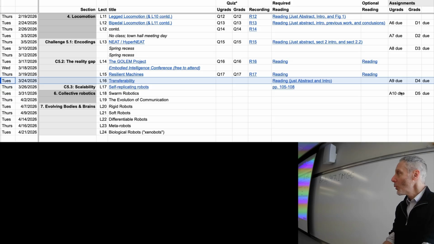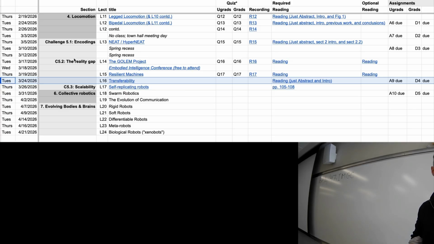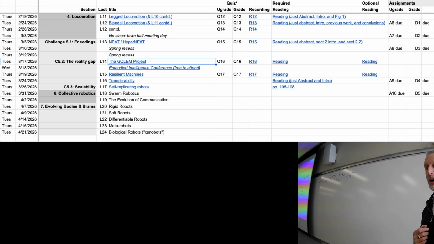All right, so we are going to conclude our discussion today of the reality gap problem, and we've looked at 3 representative examples of attempts to try and cross the gap. We looked at the Golem project: create a 3D printer and use that 3D printer to print as many evolved simulated designs as possible, hoping that, fingers crossed, some of them cross the gap.